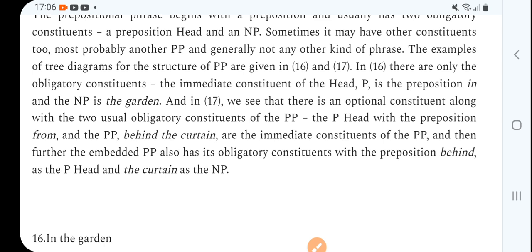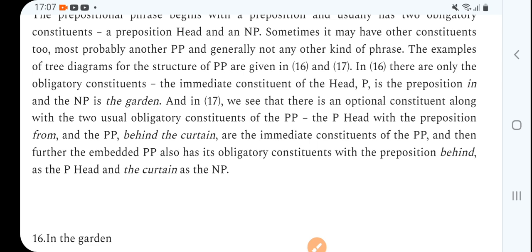The preposition head and NP are compulsorily part of the prepositional phrase, but sometimes a prepositional phrase may contain another prepositional phrase, and generally not any other kind of phrase.